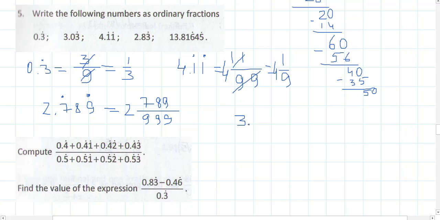Now the next one, 3. This is not the same as these ones, because here we have a part without the repeating part, which is 0. Yeah, 0, it's not the repeating part of this fraction. So here we have 3, this is the integer part, and how many figures in the repeating part? It's only 1, so here just one 9.